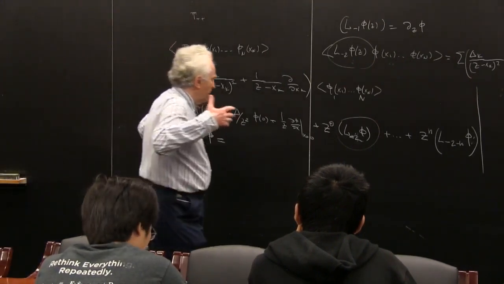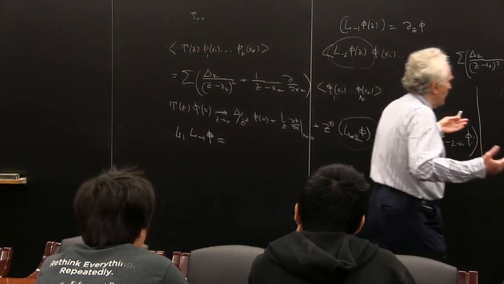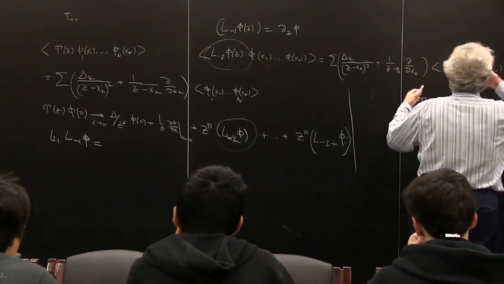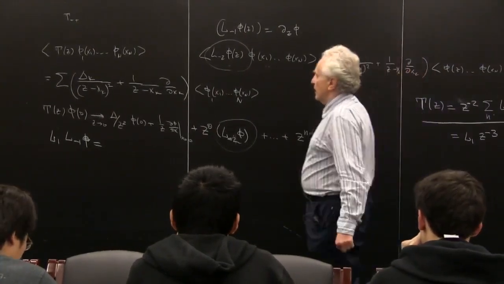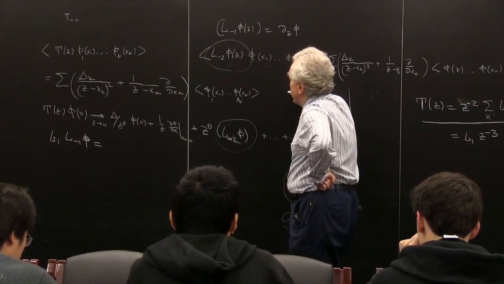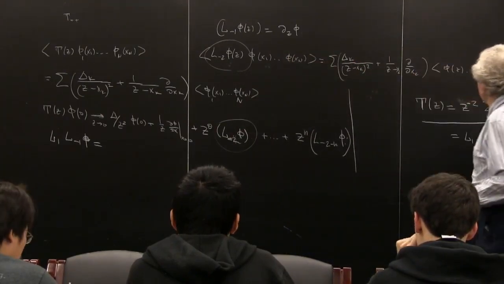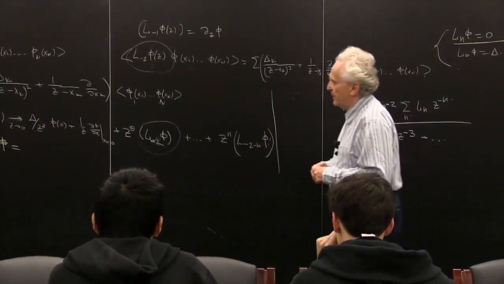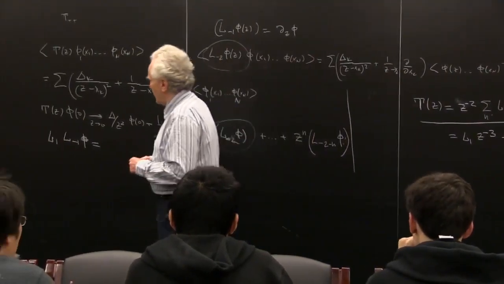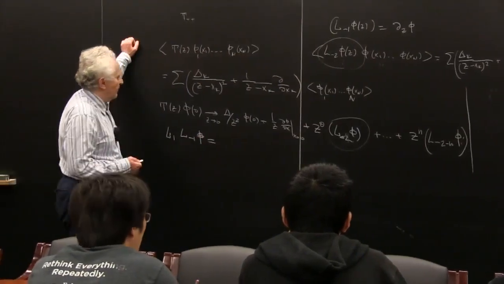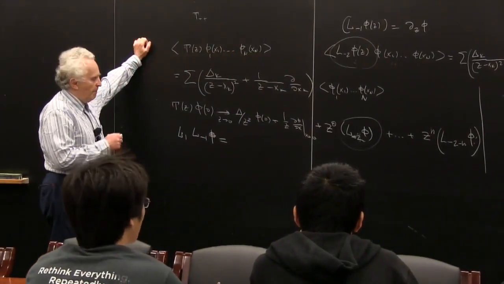I remind you that L minus 1 was a derivative, while L plus 1 is the coefficient in front of z minus 3. So what would be this expression?